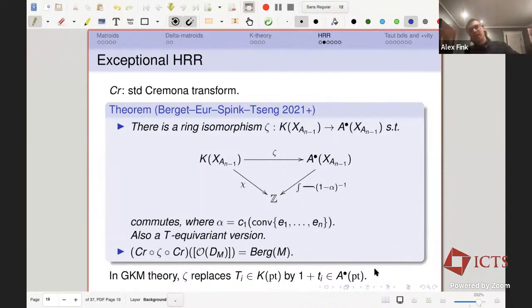And then you check that it's an isomorphism and that the triangle commutes directly using these localization computations. So it's a replacement rather than a derivative of Hirzebruch-Riemann-Roch. It's kind of surprising, right? A new isomorphism. This particular toric variety has an extra exceptional isomorphism.